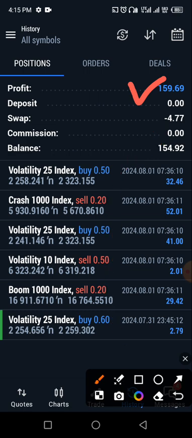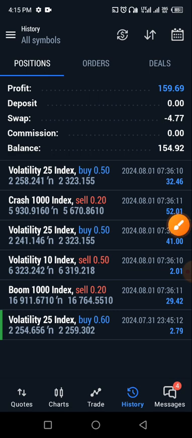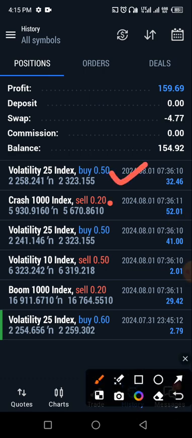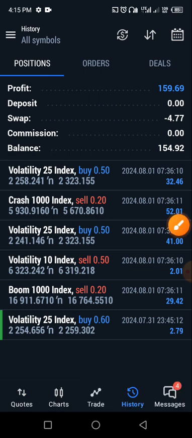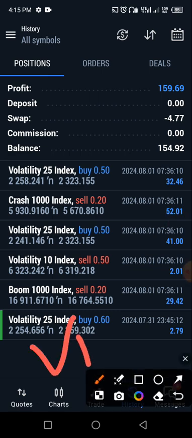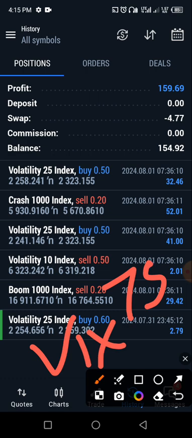But I'm just going to share the strategy that you can use to place a trade in the market, and then you can scalp the market or hold your position whenever you want to trade with this strategy. So we are just going to be looking at the VIX 75 market.